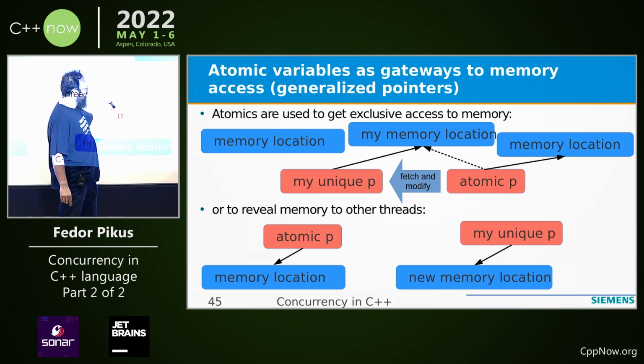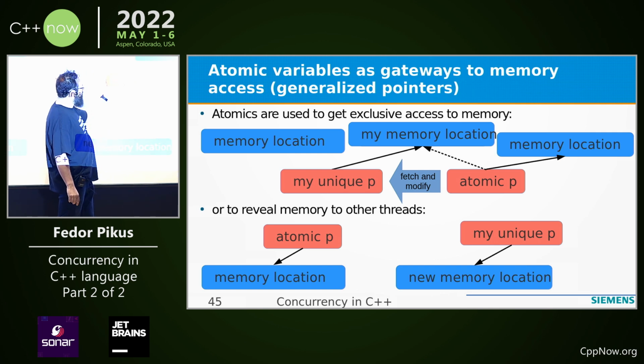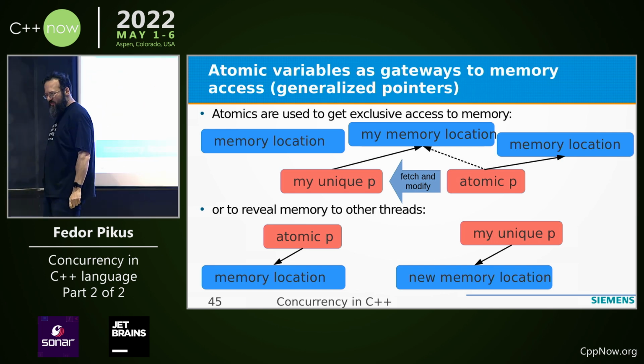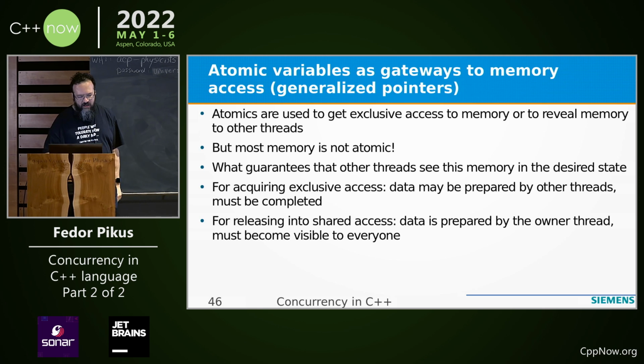Okay, that's good. What guarantees do I have? I have a guarantee that this pointer doesn't change before I finish preparing my data. But what guarantees do I have that the other thread can actually see what I've done here? None. Because the rest of the memory is not atomic.